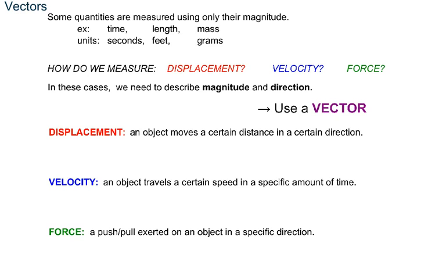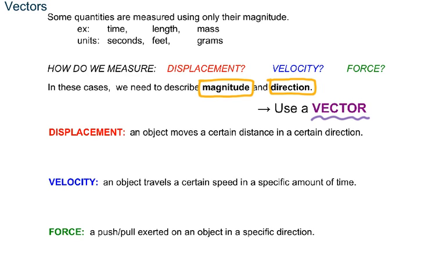But how do we measure topics such as displacement or velocity or force? In all of these cases, we need to describe both a magnitude, a size, and a direction. And when we have to have a magnitude and a direction, this is a situation where we use a vector.